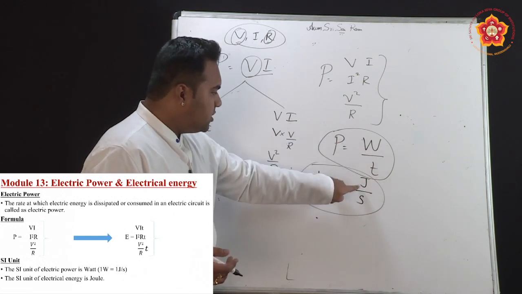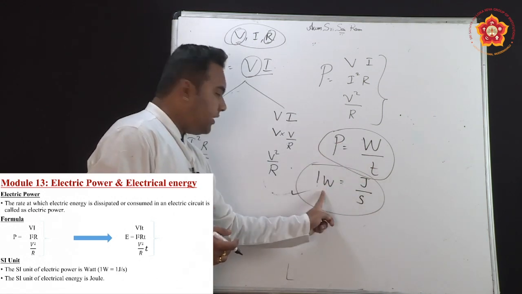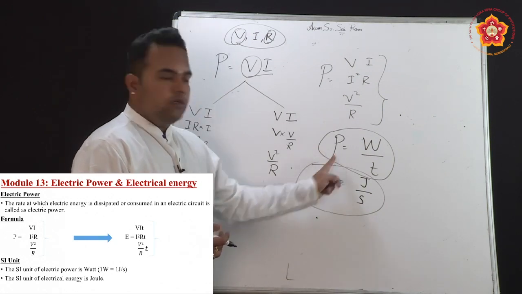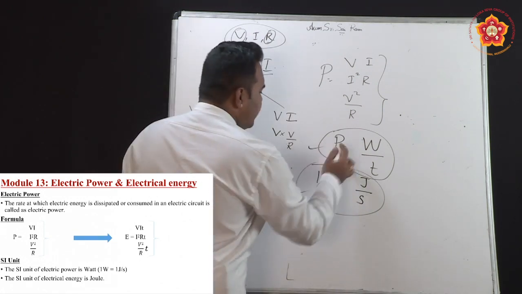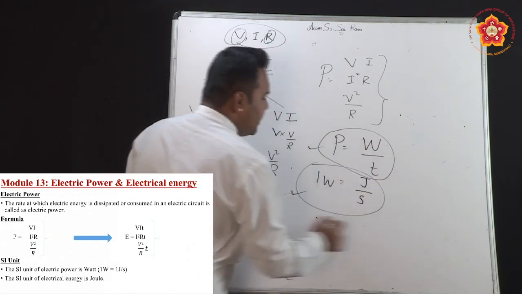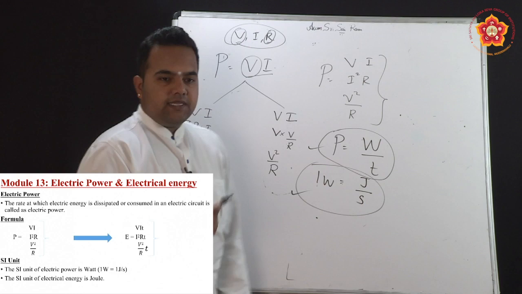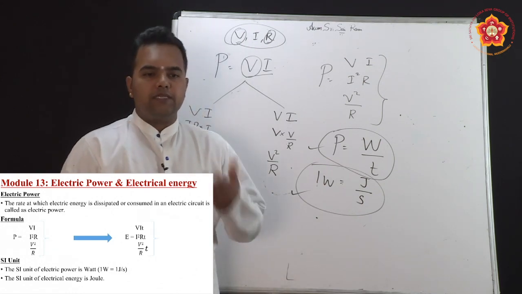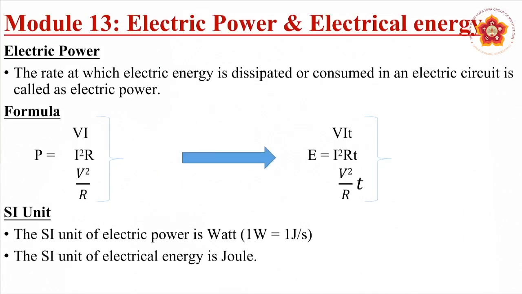Work done, joule; watt is the unit of power. So, the SI unit of electric power is watt, which is nothing but 1 joule per second, and the SI unit of electrical energy we know is joule.